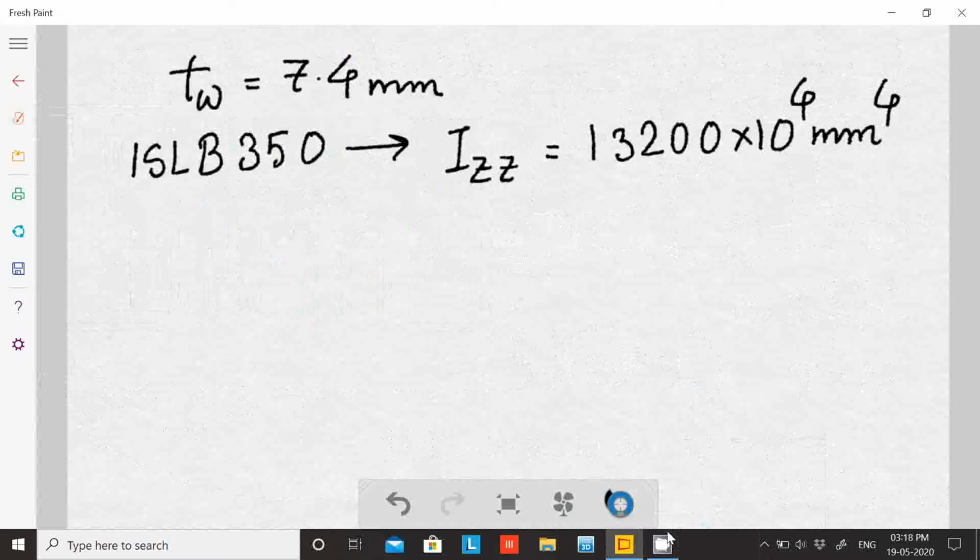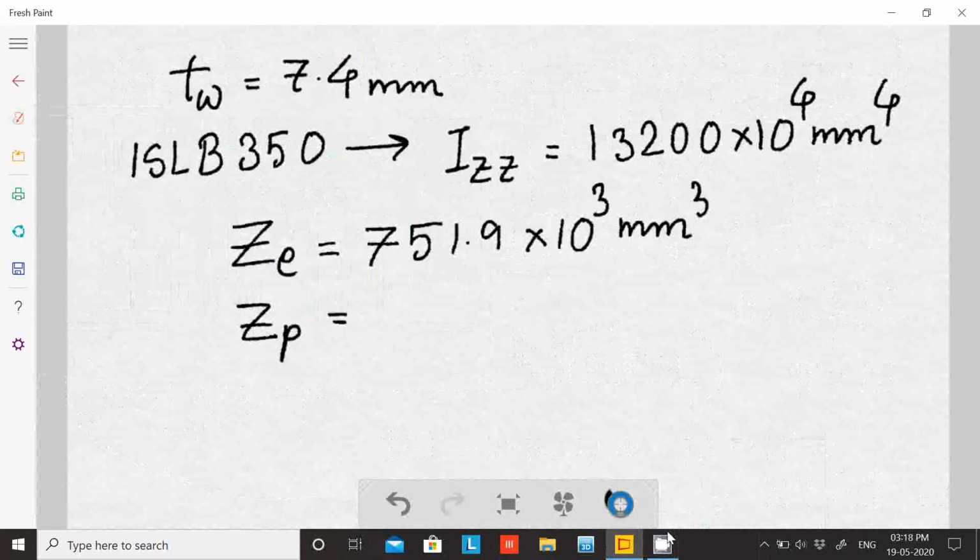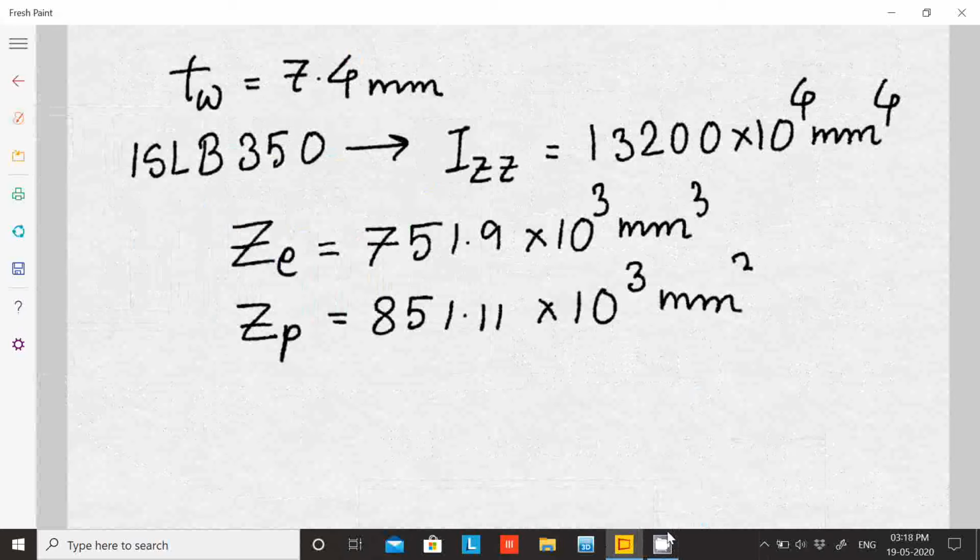Okay, then elastic section modulus, there are two section modulus, one is elastic section modulus, one is plastic section modulus. Let us write down both. For the section ISLB 350, 751.9 into 10 cube mm cube, then here it is 851.11 into 10 cube mm cube.